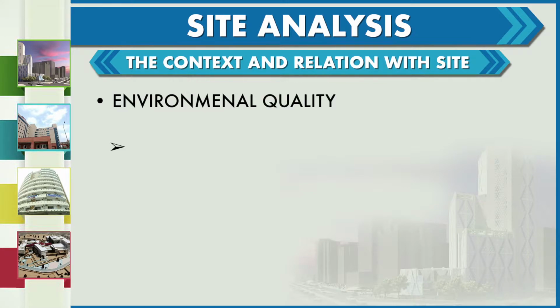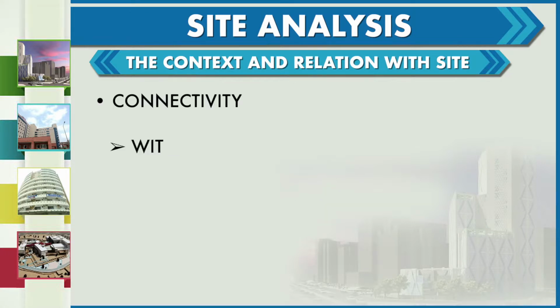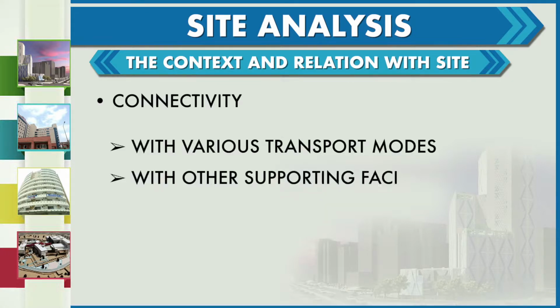The second one is environmental quality, which includes air quality, water quality, social environment. And the third is connectivity, which includes connectivity with various transport modes and the connectivity with other supporting facilities such as petrol pump and other related facilities.